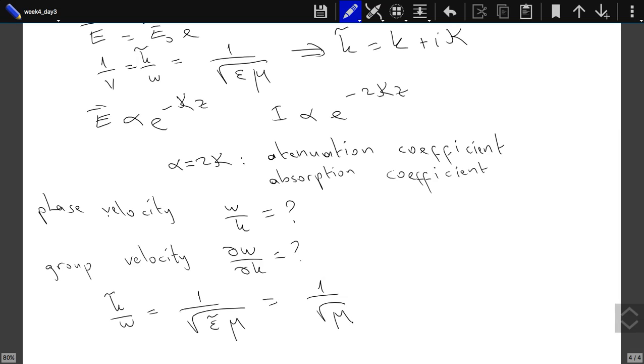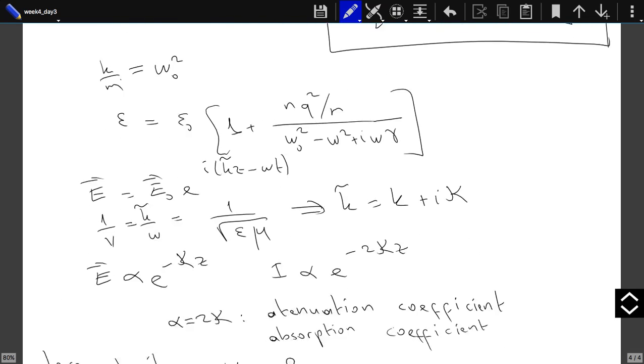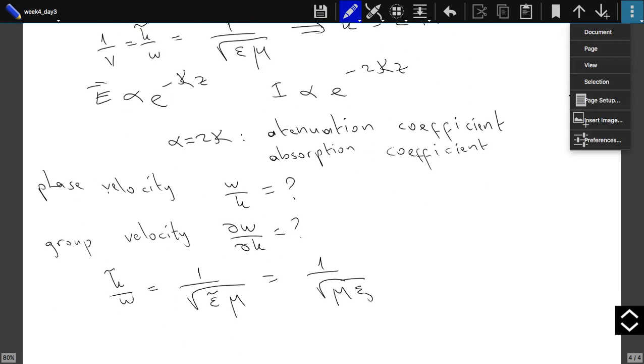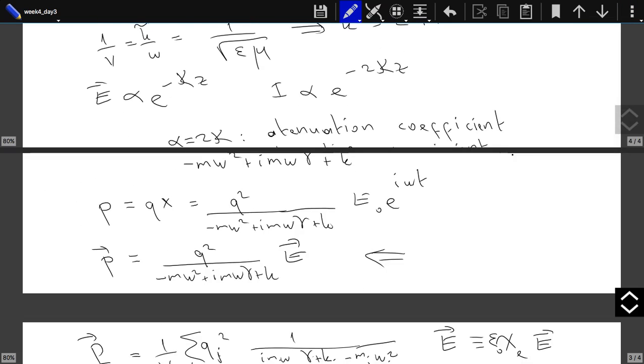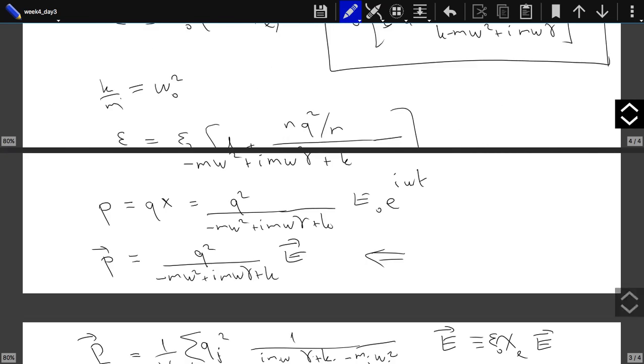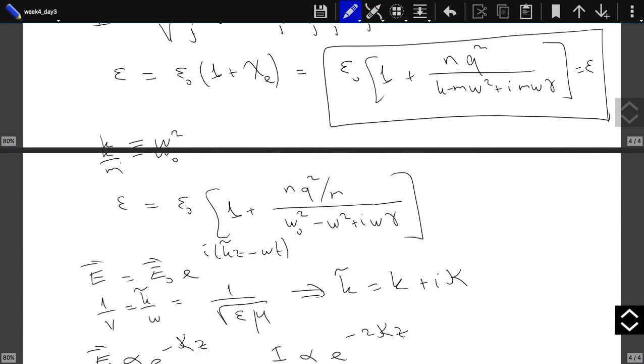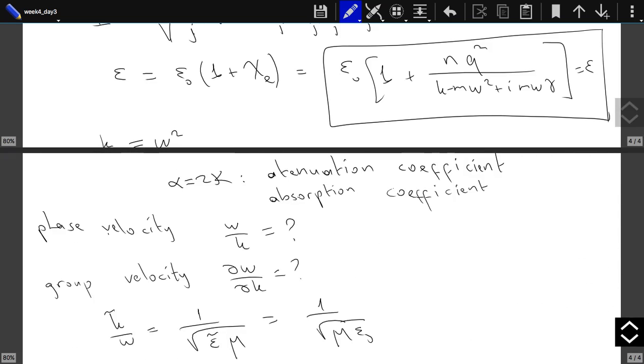So we know that k tilde over omega is equal to 1 over square root of epsilon tilde mu. I will just assume mu to be a constant independent of frequency. Well, epsilon tilde, we already have it. Let me put the epsilon 0 over here also.